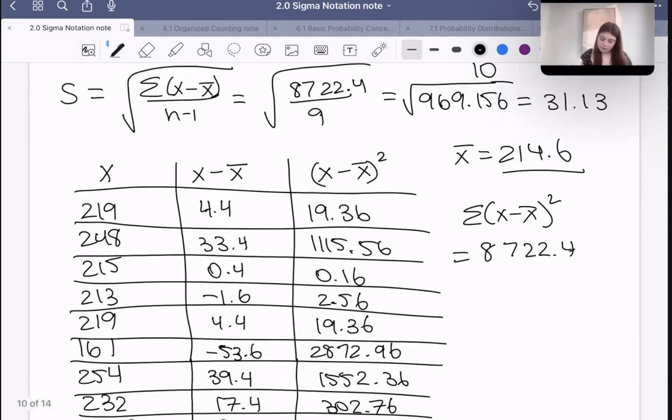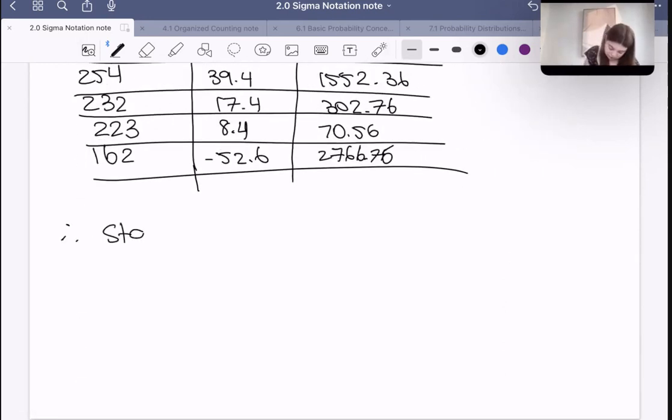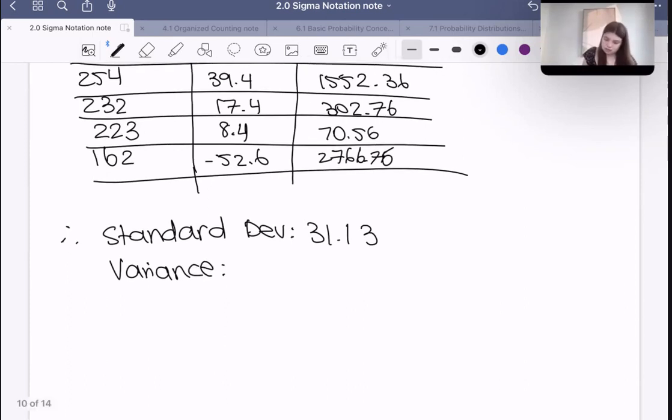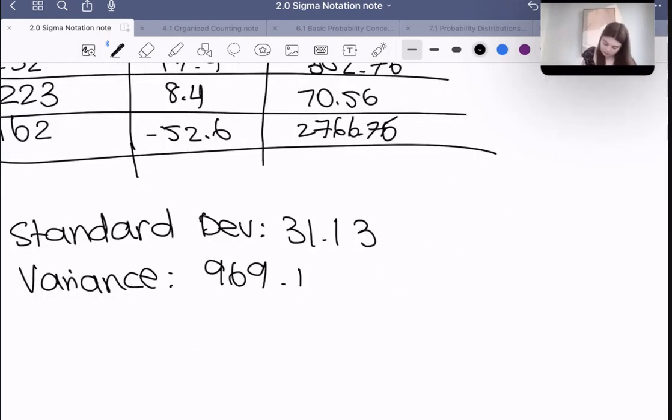So therefore, in conclusion, our standard deviation is going to be 31.13, and our variance is going to be the standard deviation squared, which is going to be 969.156 approximately. And there we have it.